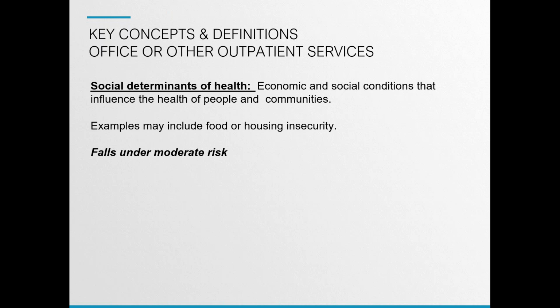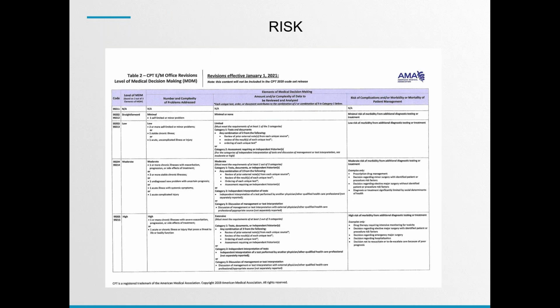A lot of people, particularly now with the pandemic, are having some economic and social issues. This may include things like food or housing insecurity. Either of these definitely has a negative impact on that patient's health. So if that is documented, it does fall under the moderate risk category.